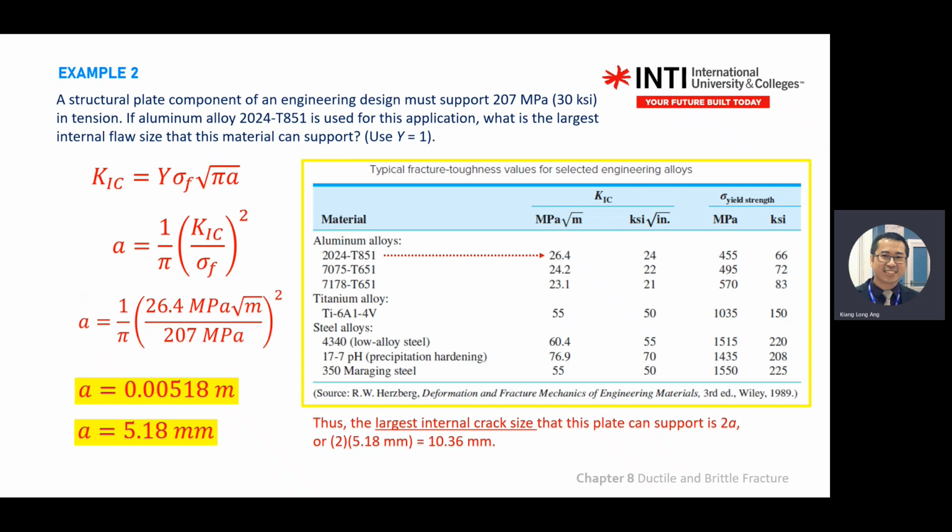If the question is a V notch sample, either Izod or Charpy, same, the notch is at the side. So when you give your answer, the answer is in A and not 2A. This question mentioned internal flaw, so that's why you need to give the answer 2A.